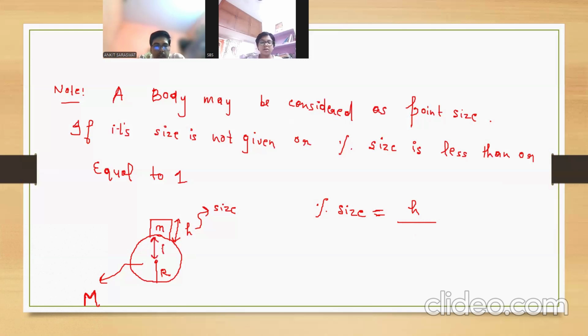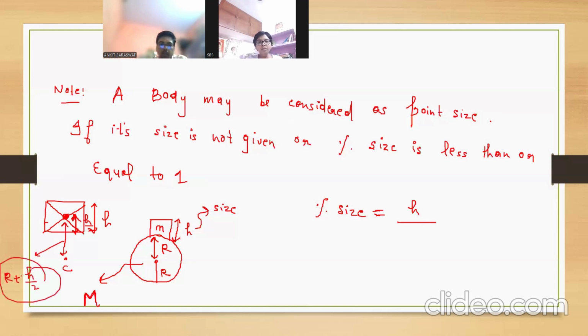This is the center of the earth. This is a block. This height is h. Its center will be lying at the center of mass, which is at h by 2. You will learn later, once I teach center of mass. Center to center, it is h by 2. Center of mass will be here. This is r from the center of the earth. This total distance is r plus h by 2.